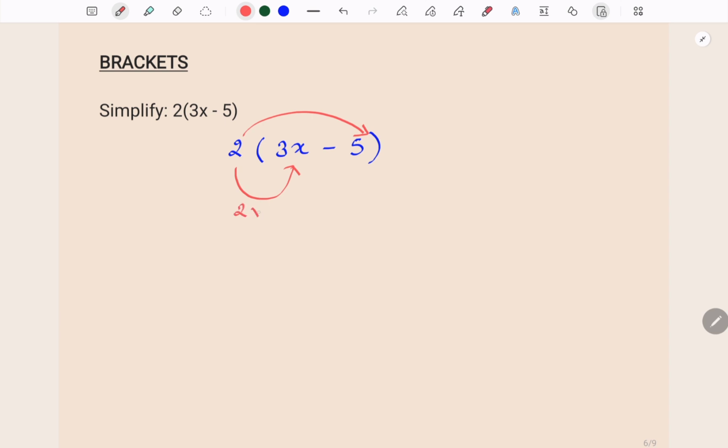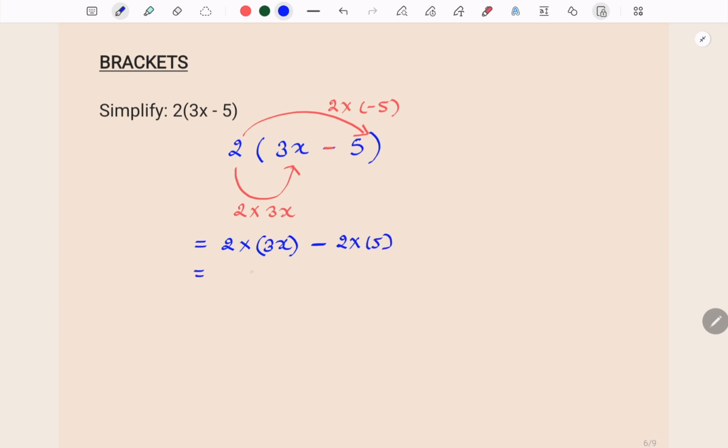So 2 multiplied by 3x, and here 2 is multiplied by minus 5. This is very important, that we do not skip this negative sign, otherwise we will end up with a wrong answer. So the next step would be 2 into 3x, this negative sign here, and 2 multiplied by 5.